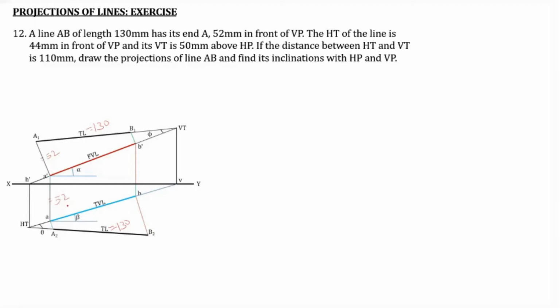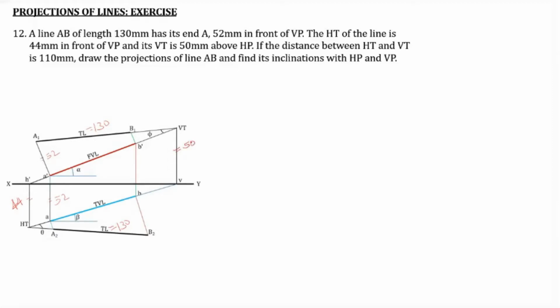Then the HT of the line is 44 millimeter in front of VP. The HT, that is this distance, is 44 millimeters in front of VP, and its VT is 50 millimeters above HP. So this distance is 50 millimeters above HP.